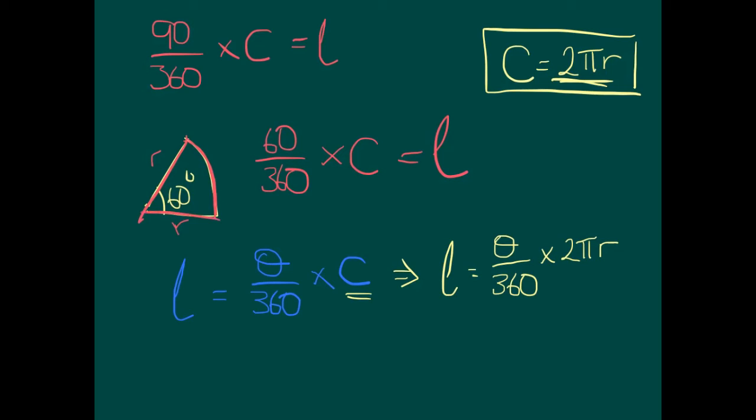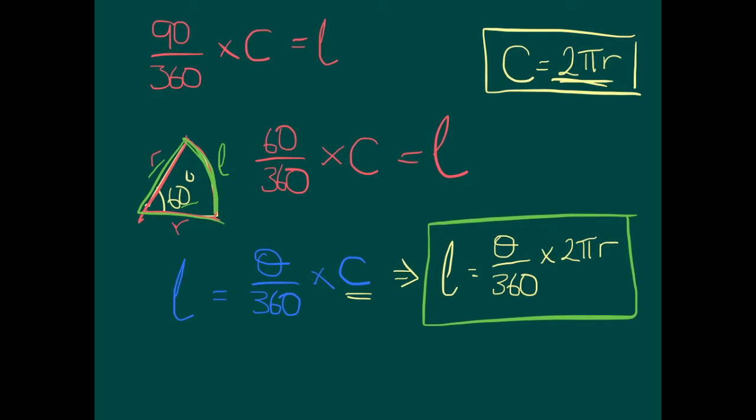So when we're talking about arc length, we need to talk about that portion with regards to theta and with regards to radius. That's where this formula comes in.